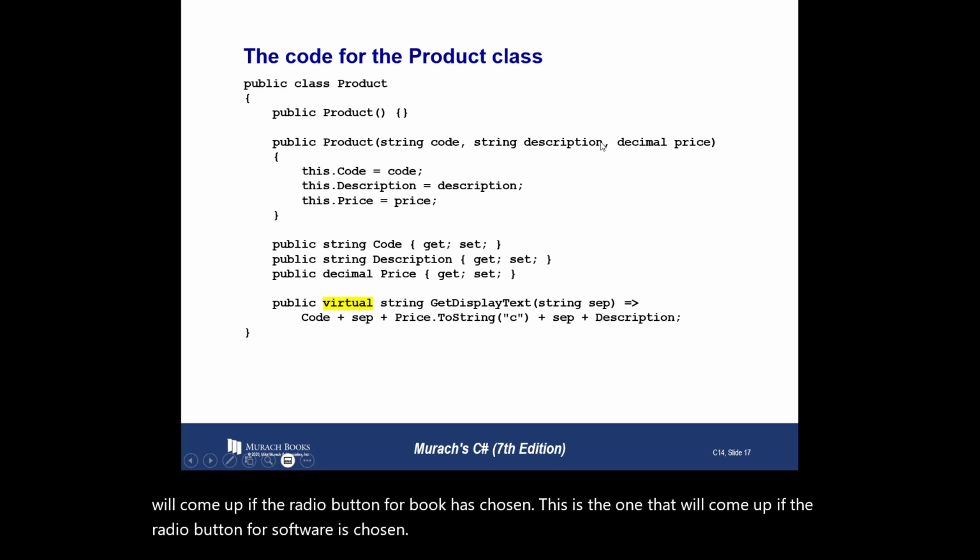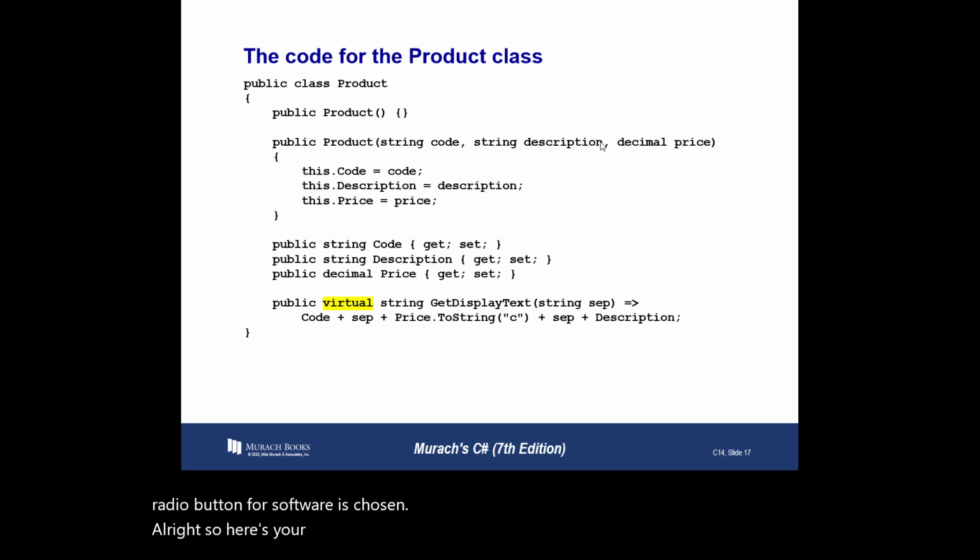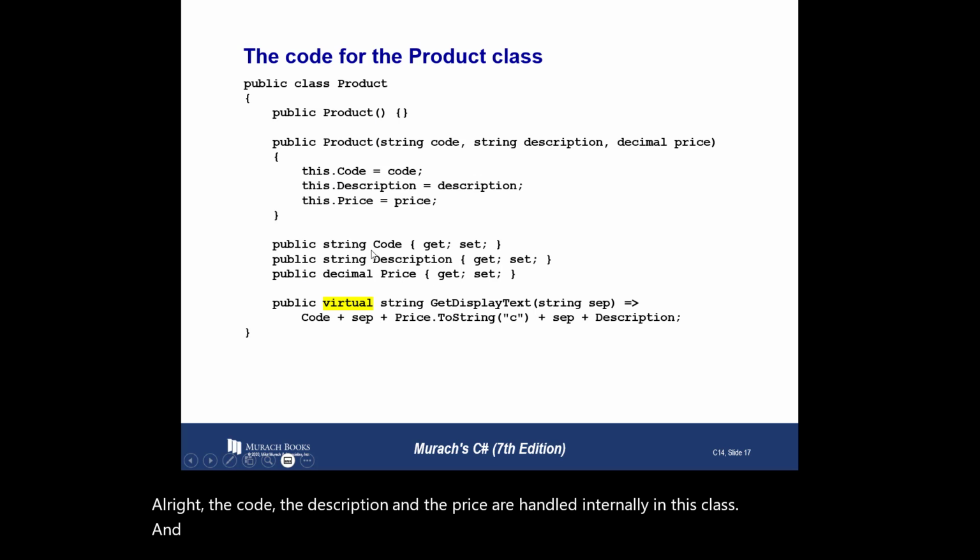All right. So here's your code for the product class. And we've already talked about this. It looks familiar. The code, the description, and the price are handled internally in this class. And notice there's our getters and our setters. They're just typical getters and setters.